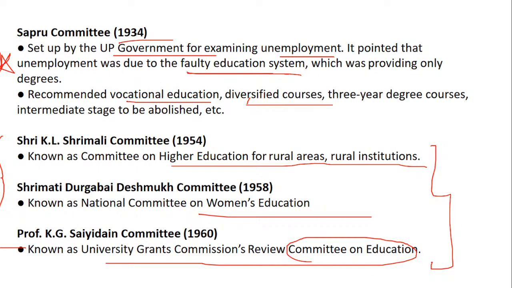These three questions were seen in a very old syllabus in the form of match the following, but not at all in recent cycles. Still, keep in mind that the Shrimali Committee is for rural education, the Deshmukh Committee is for women's education, and the Sayadin Committee is to review the committee on education.